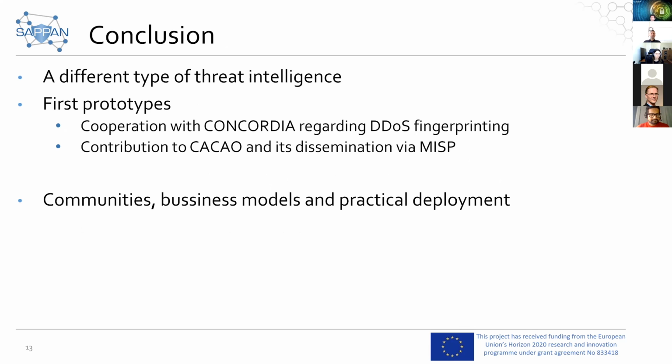So basically, what to take away. We think that we need more complex types of IOCs to face the new threats. This new IOC could be, for example, machine learning classifiers.